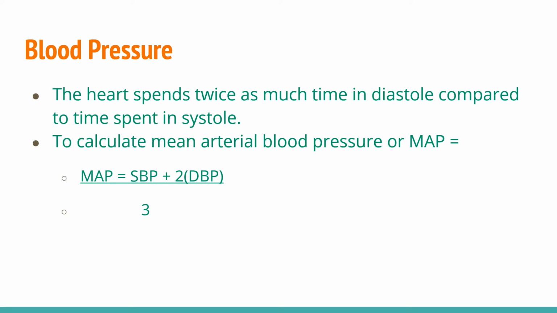If your diastolic was 80, 2 times 80 is 160. So you would take 120 plus 160, which gives you 280, and you would divide that by 3, and you'd have a MAP of about 93, and that's a good number.